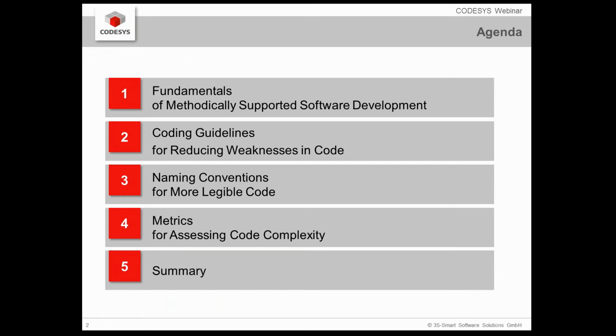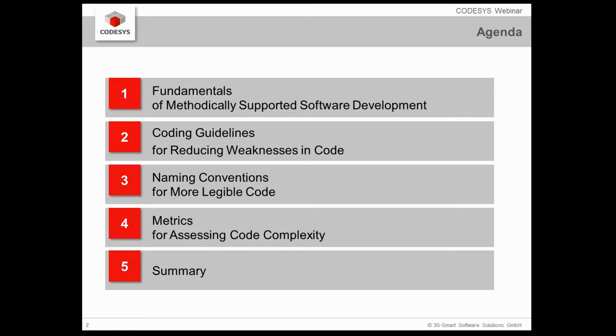So here are the 5 chapters of our agenda for today. The first issue is that we will provide you some information about the fundamentals of methodology supported software development, where we speak a little bit about how to work with the static analysis tool in general.